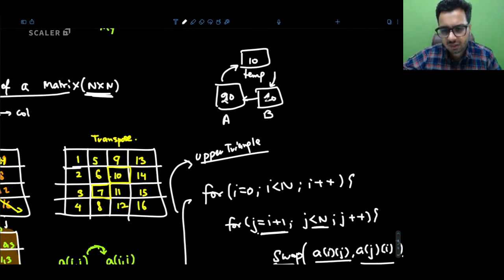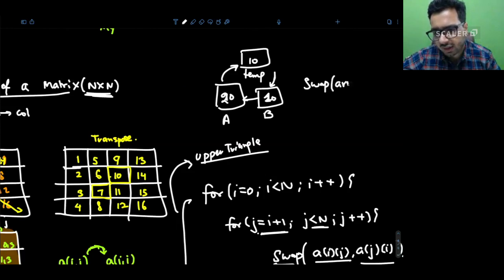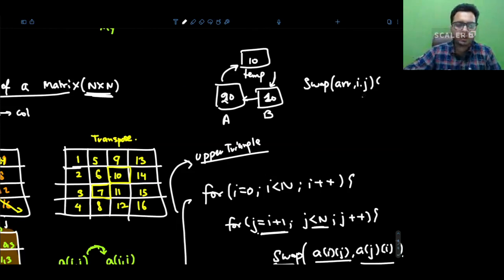So this becomes 10. This is something that you will do inside the swap functionality. You pass the array, you pass i and j, and here you write the code to swap the two buckets. It's not a technique. You can create one small helper function to do this work.